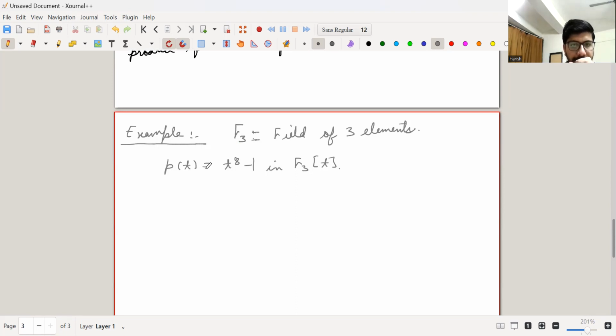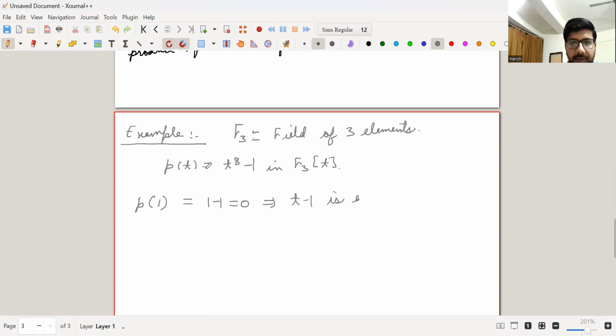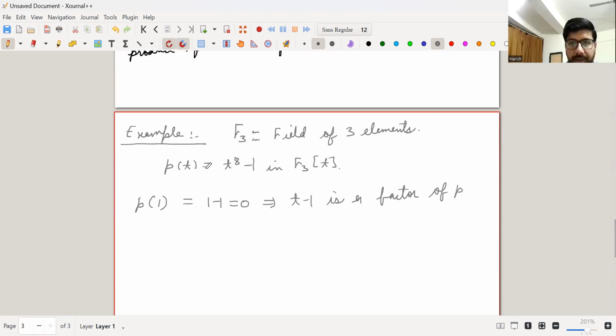So p of 1 is what? p of 1 is 1 minus 1, that is 0, right? So that implies that t minus 1 is a factor of p(t), right? And also, p of minus 1 is what? This is again minus 1 raised to 8 minus 1, which is 0.